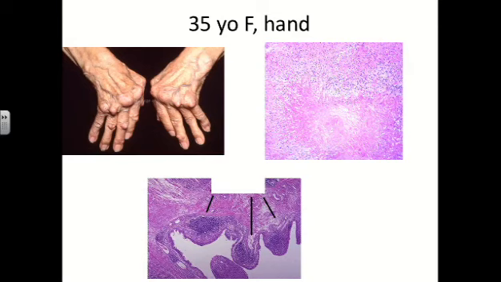Excellent. And where are those larger joints? What joints are they? The MCP. Perfect. So just without even looking at the path, what is that? I'm thinking rheumatoid arthritis. Excellent. So this is rheumatoid arthritis.